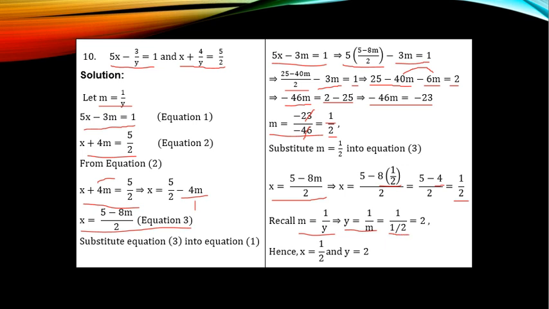If you divide 1 by 1 over 2, you have 2. Finally, s is equal to 1 over 2 and y is equal to 2. You see that? So this is how you solve simultaneous linear equations, whether in fractional form or in linear form.